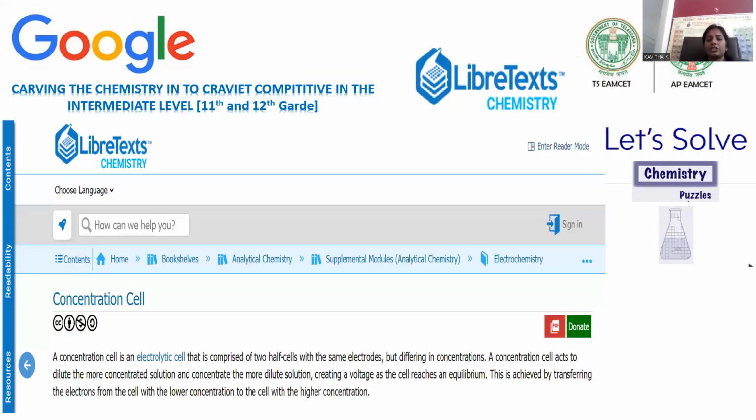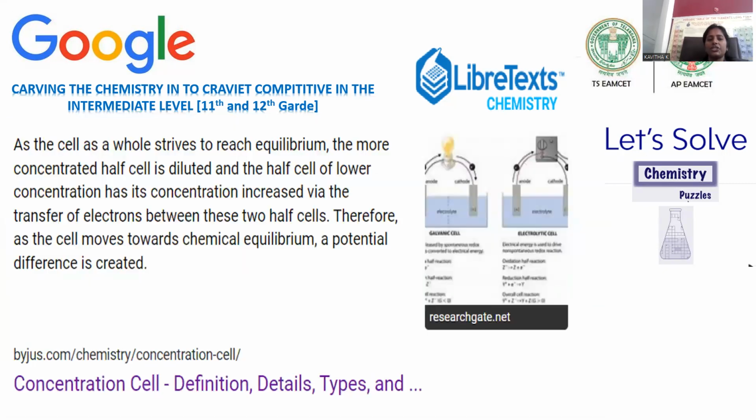And junction potential. In order to explain junction potential, how can we construct the concentration cell? As the cell as a whole strives to reach equilibrium, from the more concentrated half cell to the diluted half cell, movement of electrons is possible continuously. So from higher concentration to lower concentration it is possible.